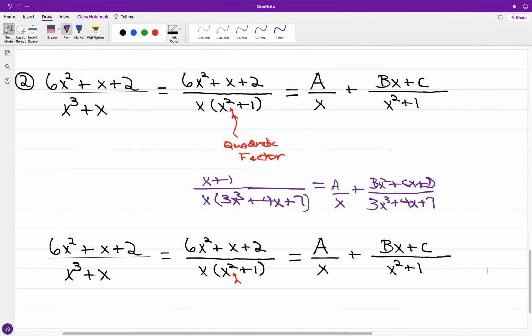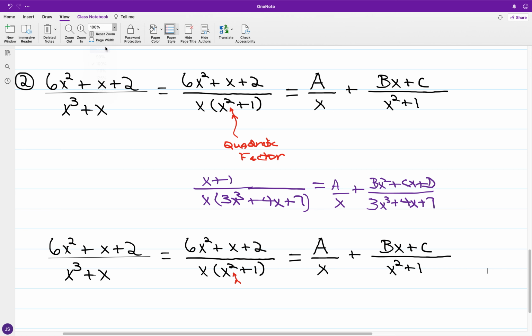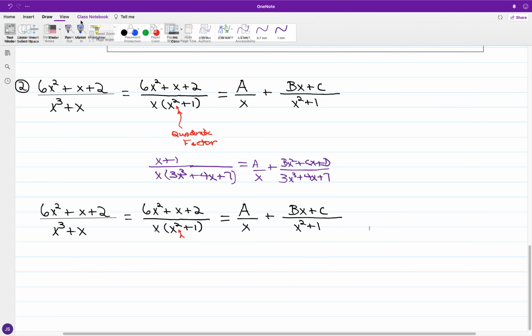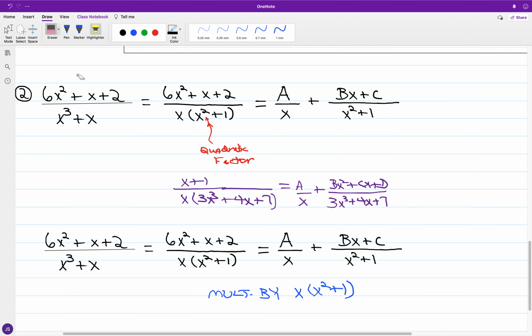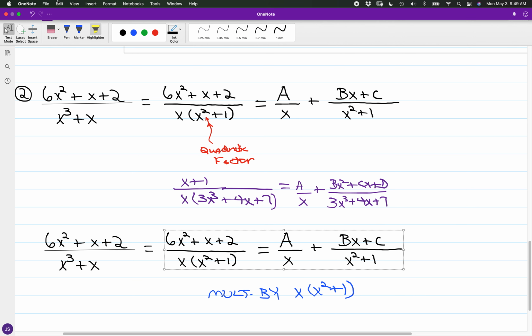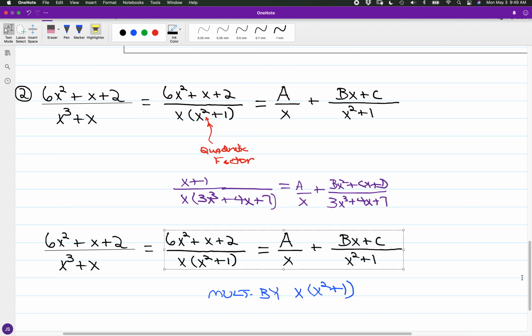Looking at what we have and setting things up so I can clear out the fractions, multiply by both x and x squared plus 1. Upon doing so, we have fractions to be cleared out.